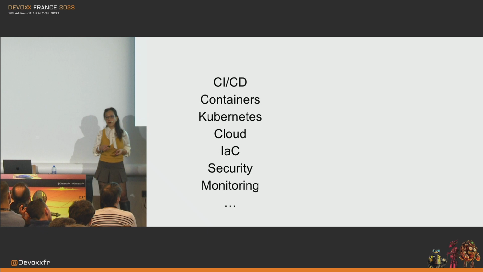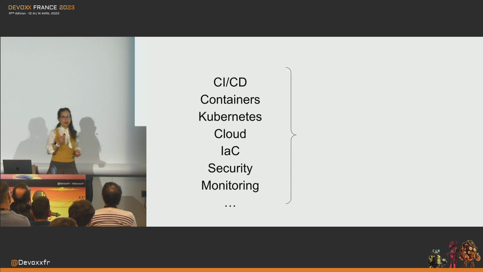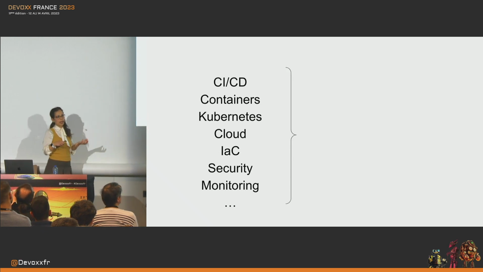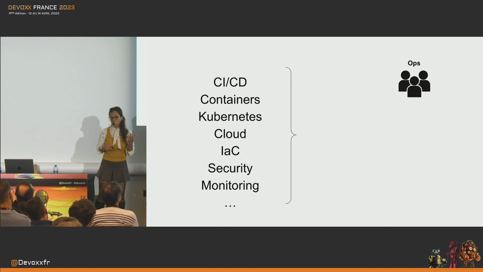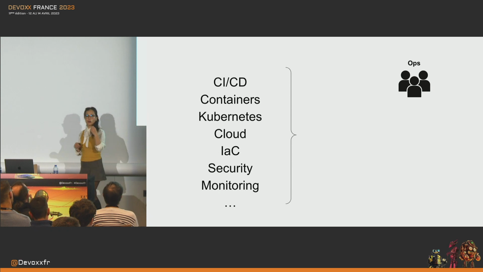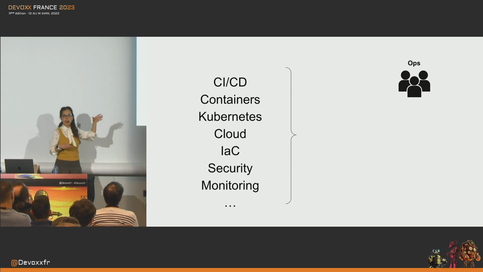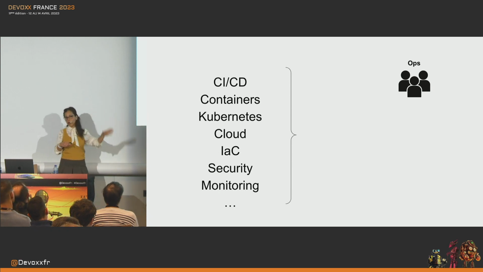And how can we do better? Actually, we can, by making all these tools managed and maintained by operations. The operations team should be responsible for managing and maintaining all the tools.